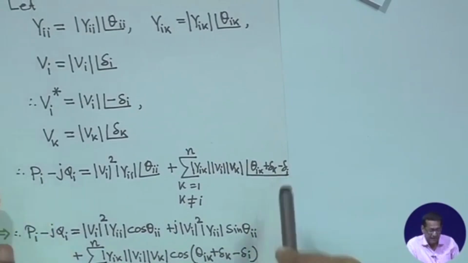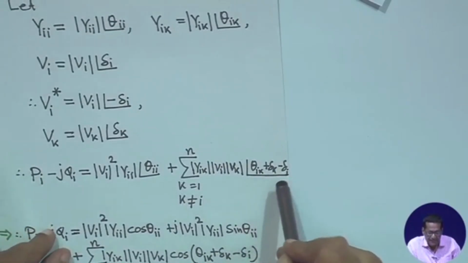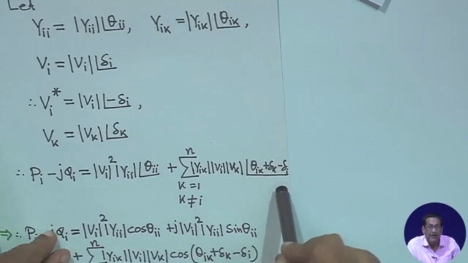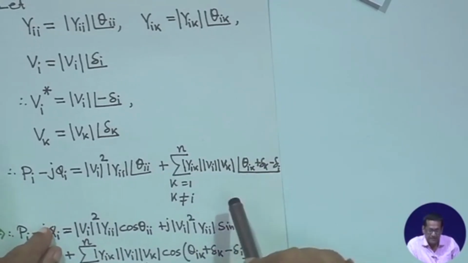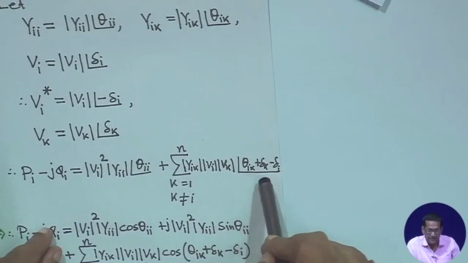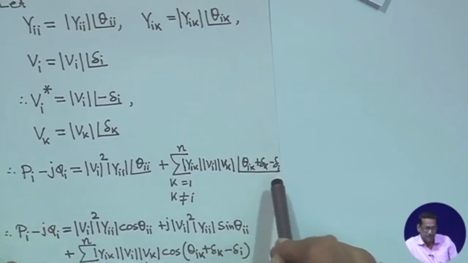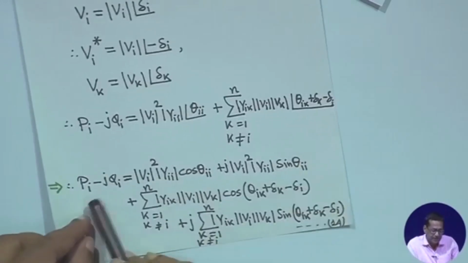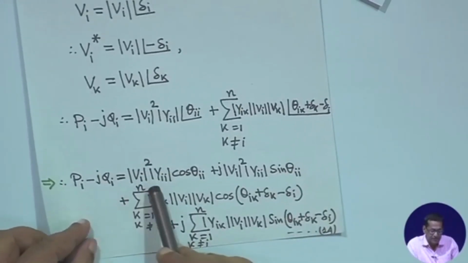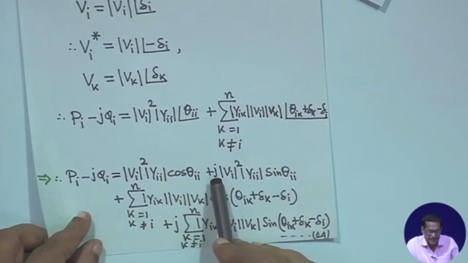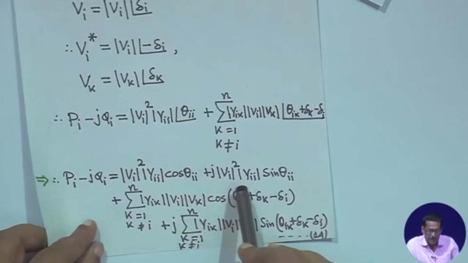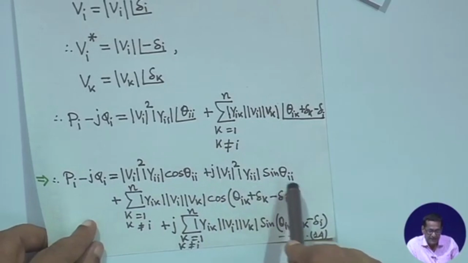Now, this angle you write as cosine of theta ik plus delta k minus delta i plus j sine of theta ik plus delta k minus delta i. So, you will get Pi minus jQi equal to magnitude Vi square Yii cosine theta ii plus j magnitude Vi square Yii sine theta ii.